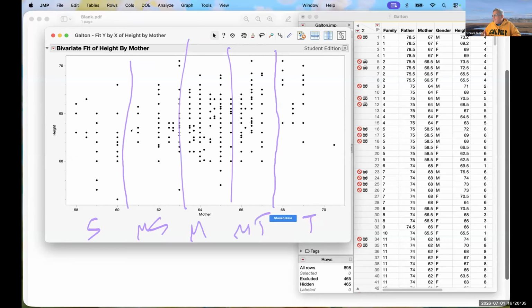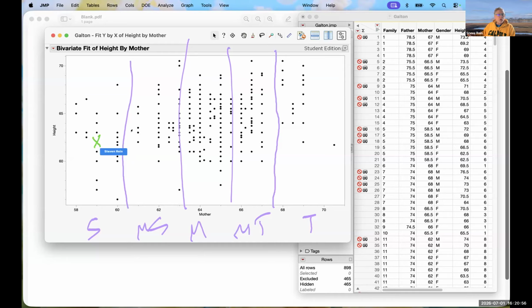Okay. And again, we suggested this in class yesterday, but if I lump my individual moms into categories, short, medium short, medium tall, and then tall, I could find the average value of the mom's height and the average value of the daughter's height in each of these groups.